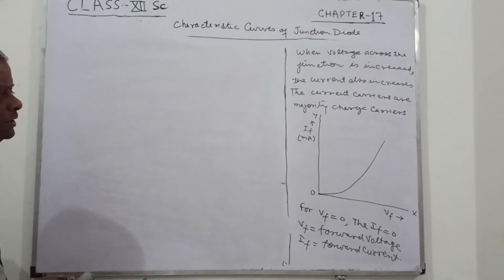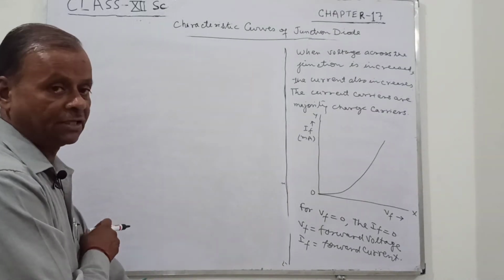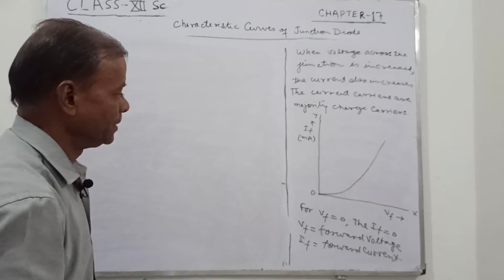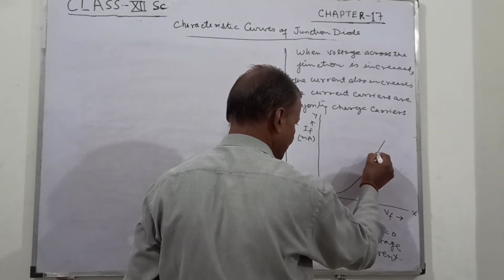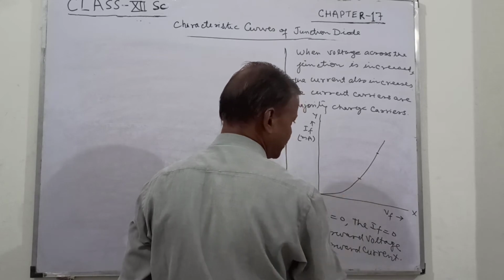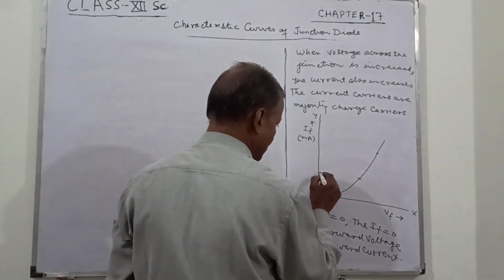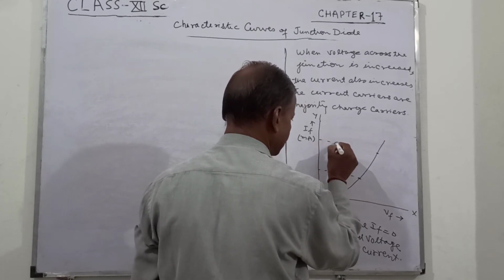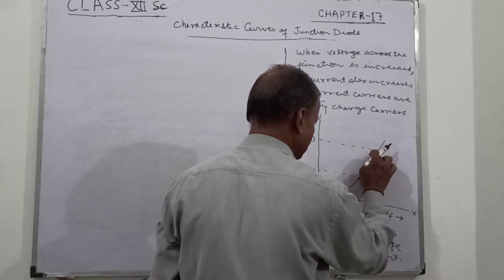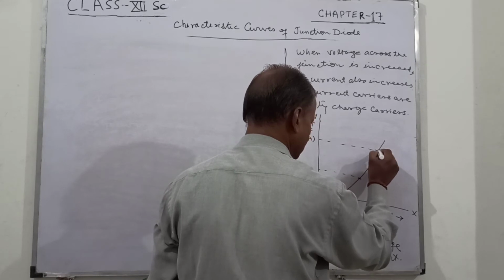Now we have to calculate the static and the dynamic resistance in this case. Suppose we take 2 points here, where this is approximately a straight line, and here we have this voltage and current.